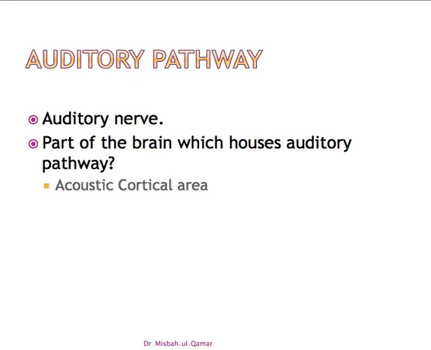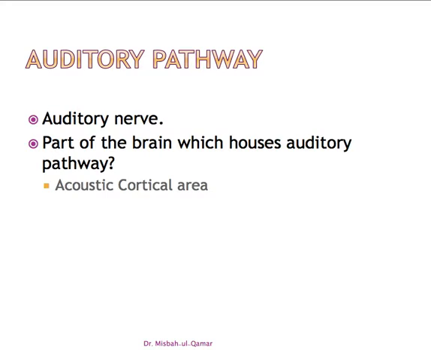Now, major part of the auditory pathway lies in three structures of brain, which are medulla oblongata, midbrain, and the thalamic region.